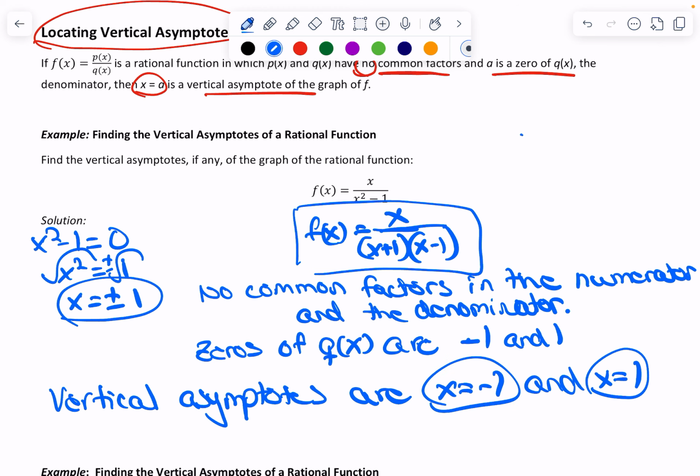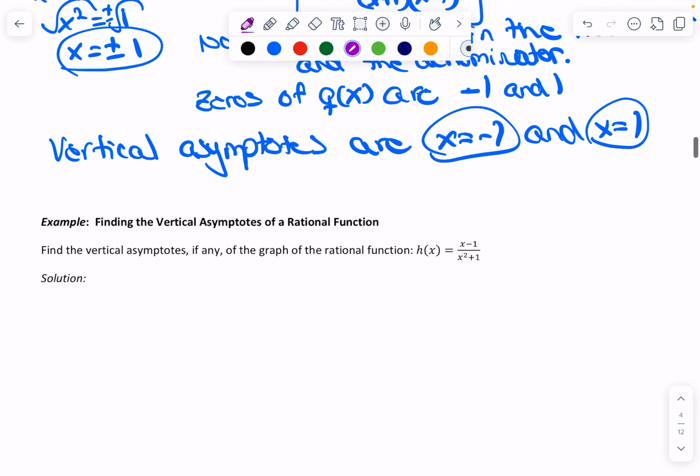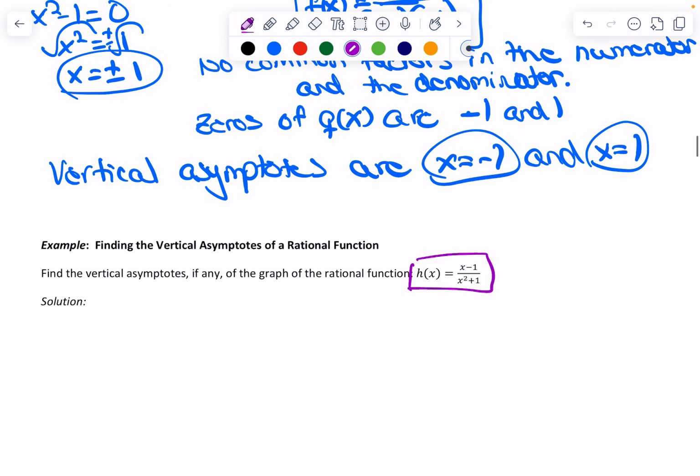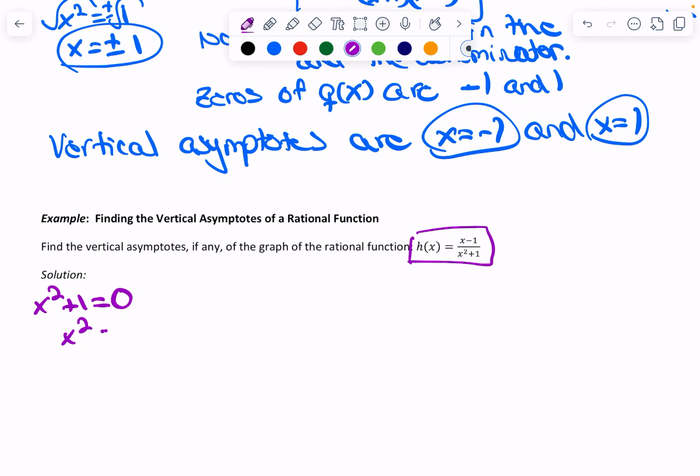Okay, let's look at this next problem. Again, we have h of x equals x minus 1 over x squared plus 1. If we do the same thing with the x squared plus 1, we set it equal to 0. We move the 1 to the other side so it changes sign, and we take a square root to cancel the squared. We get positive and negative, and the square root of negative 1 is i.